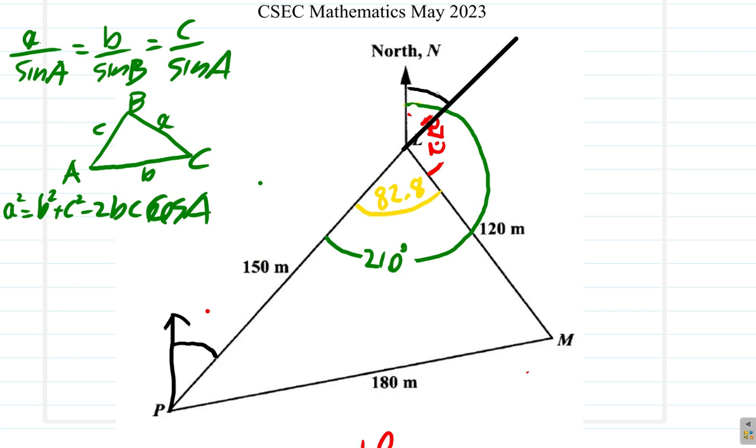Now, the thing is, all of this angle is 210. So behind here now, this angle here would be 360 minus 210, which would be what?